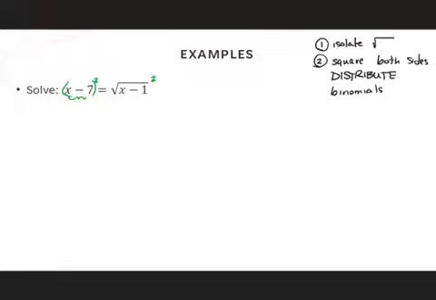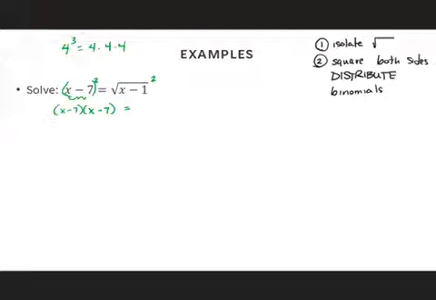When you square a binomial, the same way that if I say 4 to the third power is 4 times 4 times 4, this binomial squared means I'm doing x minus 7 times x minus 7. I am not doing x squared minus 7 squared.